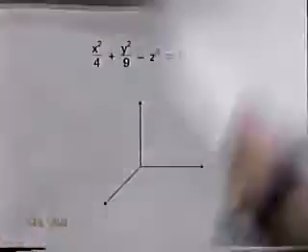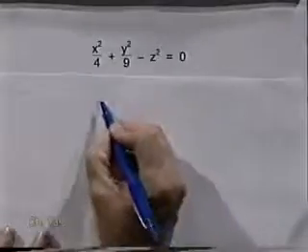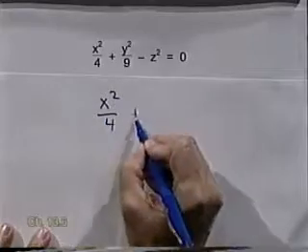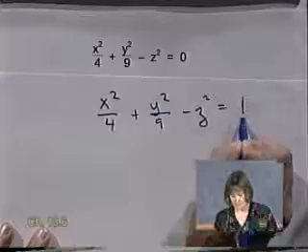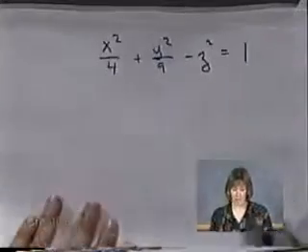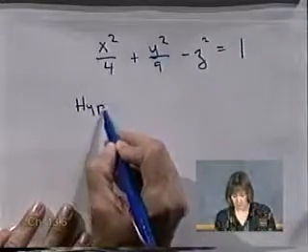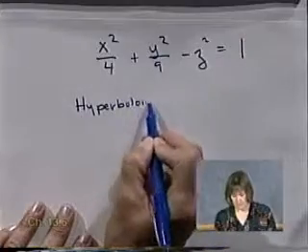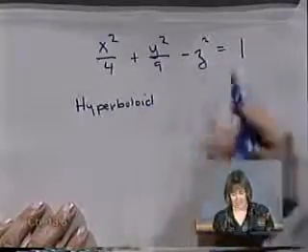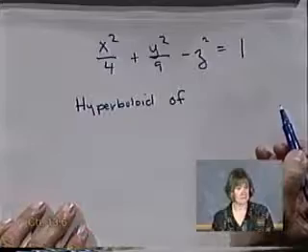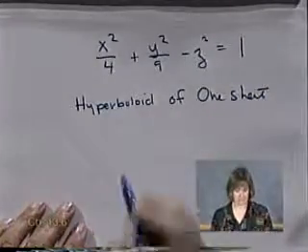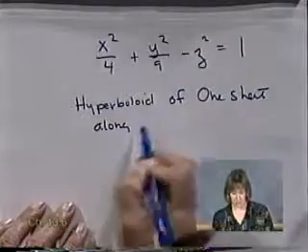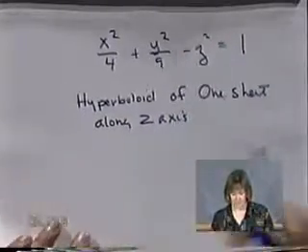Now notice, if instead I had 1, not 0, that would be a hyperboloid. But it's a hyperboloid of how many sheets? 1 sheet. It's going to be along what axis? It's going to be along the z-axis.